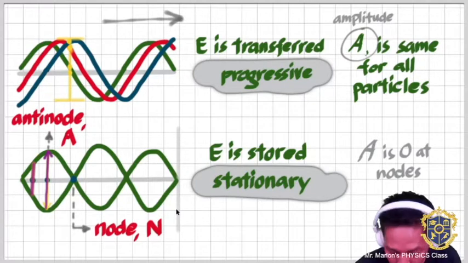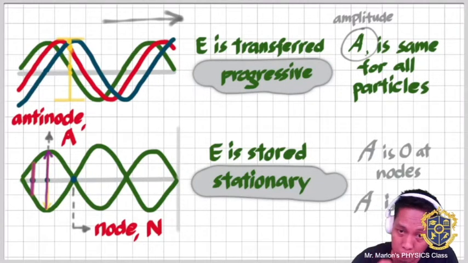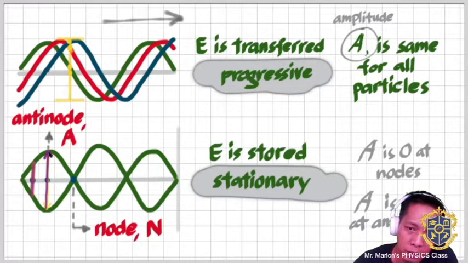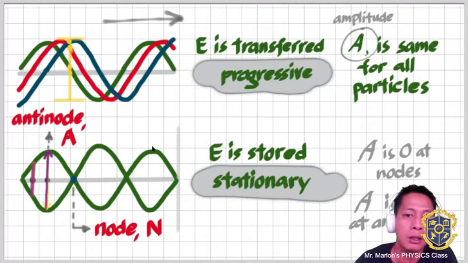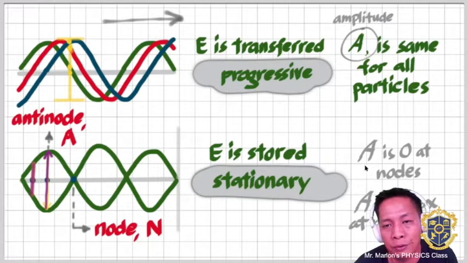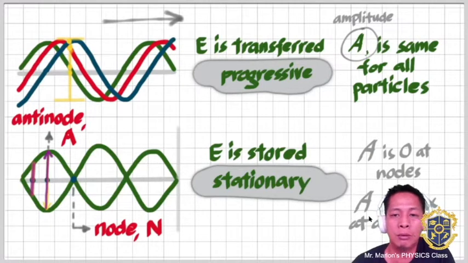Now the amplitude is maximum at this point here, or any antinodes. This is one antinode. We have here an antinode also, and there's another antinode here. So those are the things that you have to remember when it comes to these special points, the nodes and the antinodes. You can use the idea of having 0 amplitude for the nodes and maximum amplitude for the antinodes.